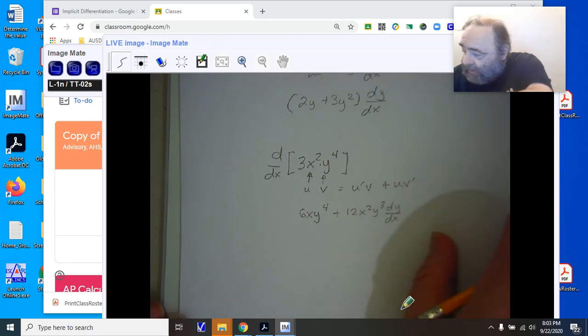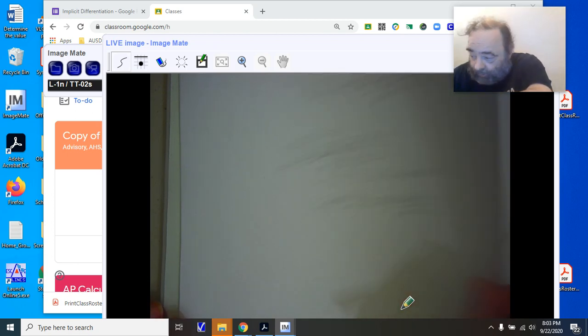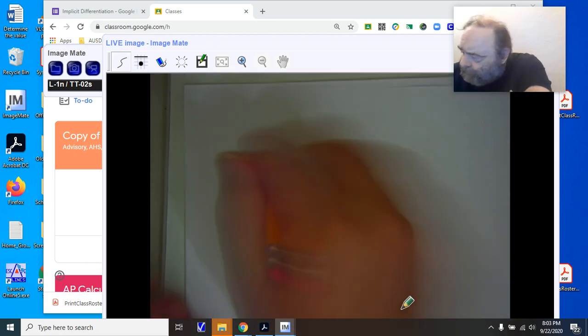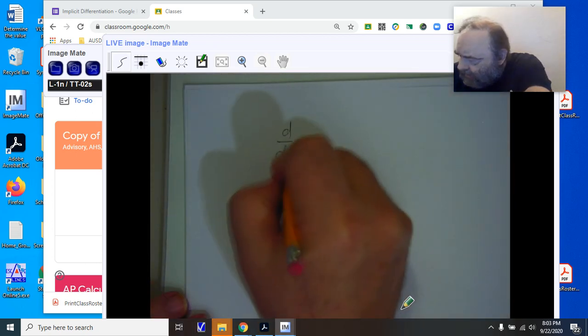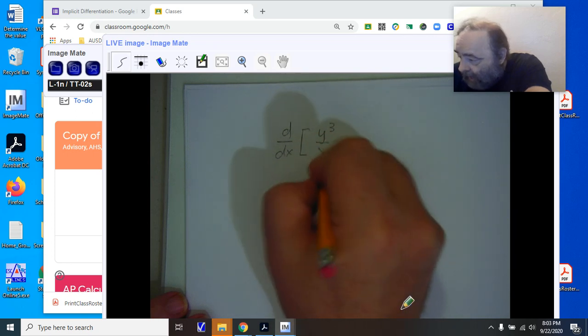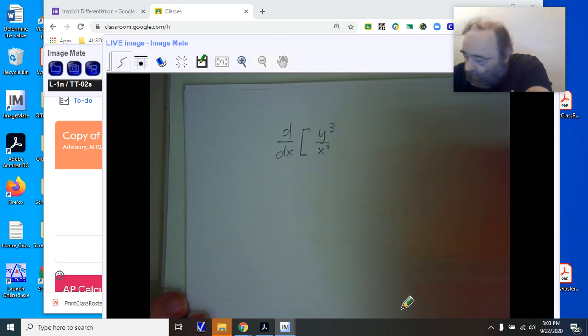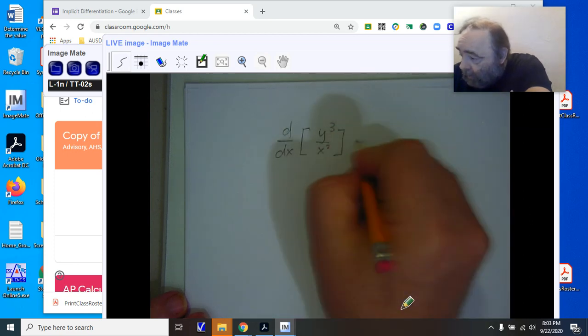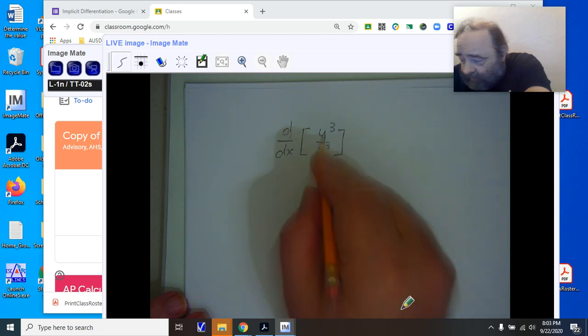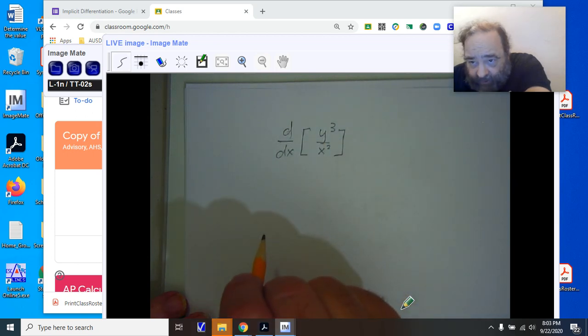Now we can do all kinds of operations. Let's look at a quotient. Quotient rule. Let's take d/dx of y cubed over x squared. According to what I need, we're going to take the derivative of the top. But the derivative of the top is going to have that dy/dx in it.